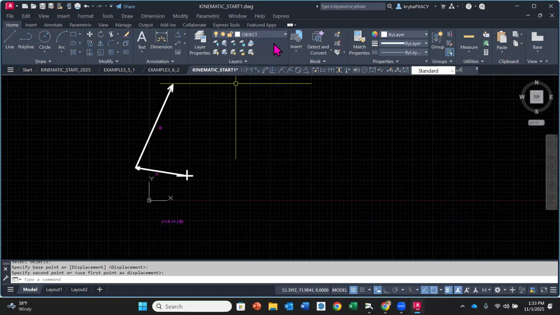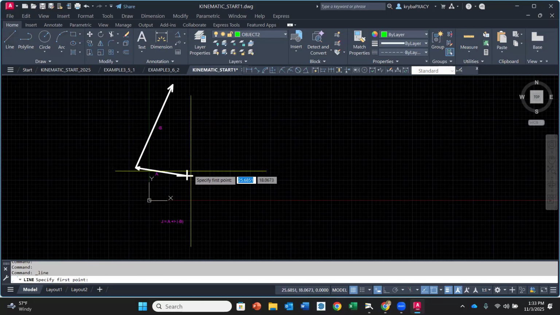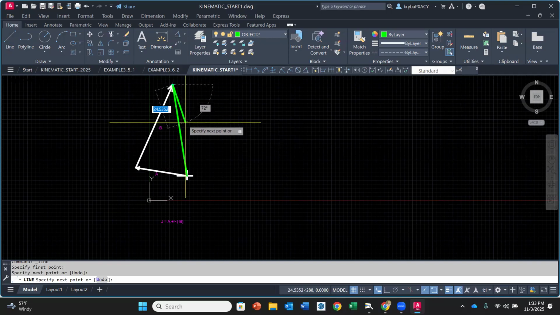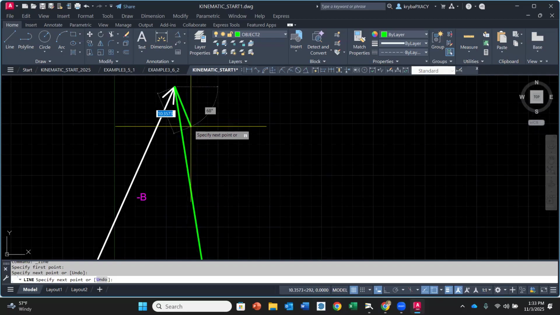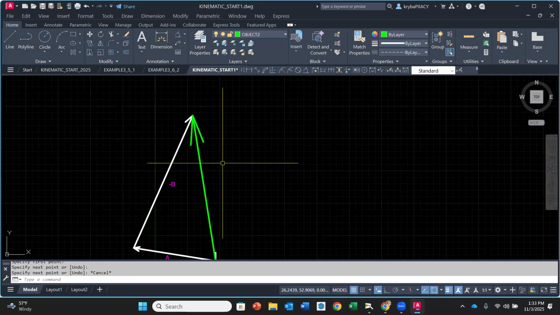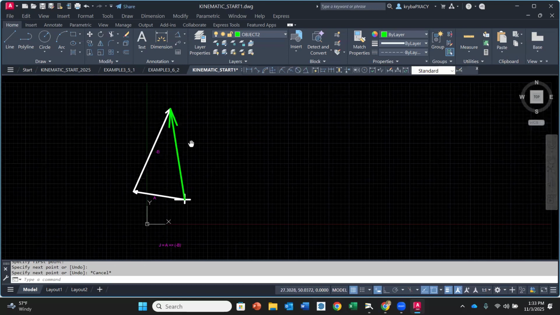All right, so now we're going to put in our resultant, which is J. So this time we're going to be on a new layer, and we're going to go from the origin to the endpoint of that last vector. And then I'm going to just kind of exaggerate my arrowhead here so that it's longer so we can see, because that's our final answer.